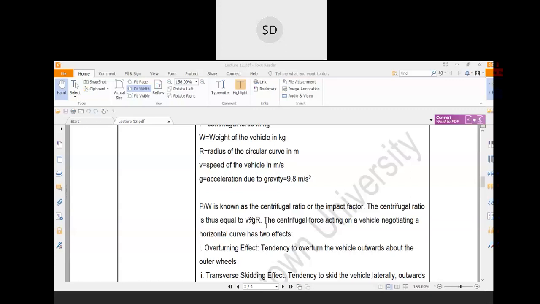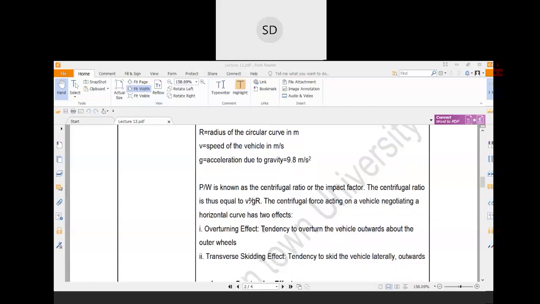Overturning effect is the tendency of the vehicle to overturn. Transverse skidding effect is the tendency of the vehicle to skid in the outward direction, that is in the direction of the action of the centrifugal force.